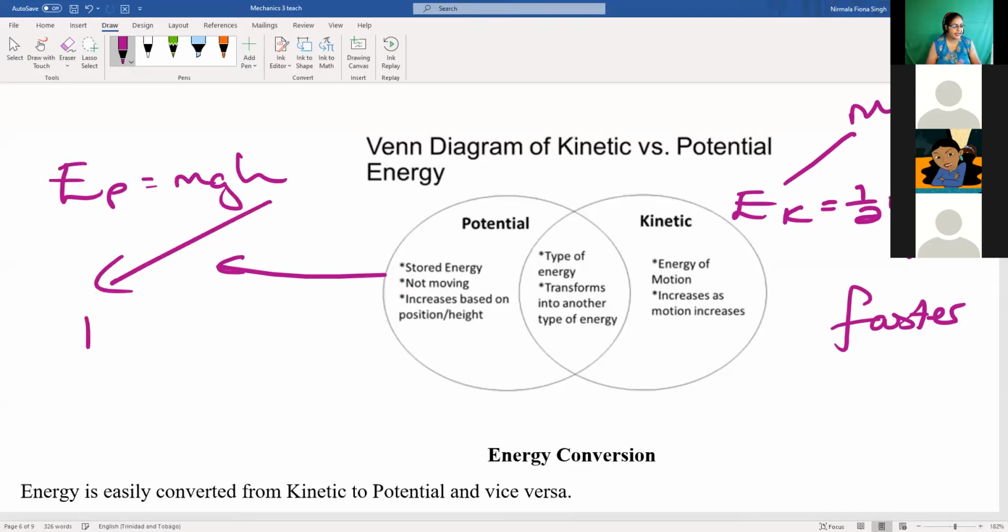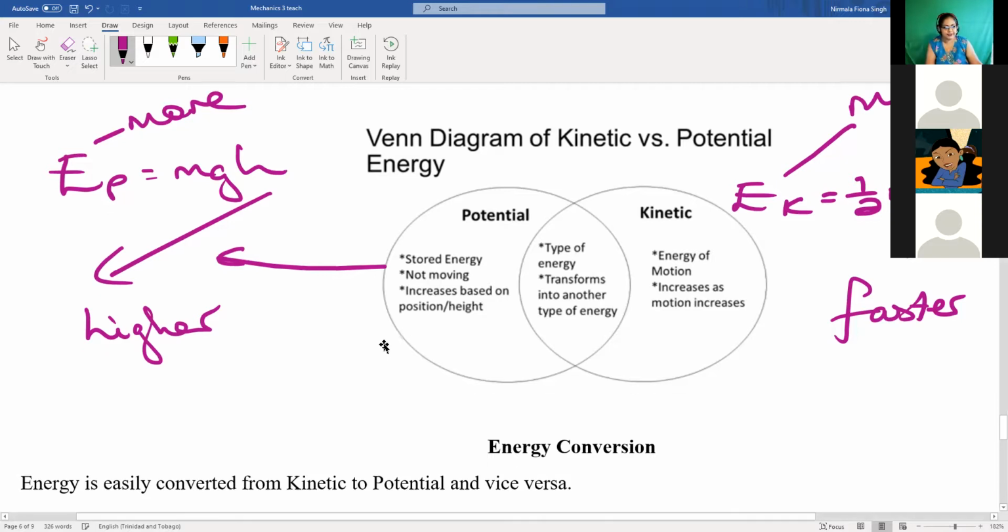When this goes higher up, the higher we go, the greater potential energy we will have, and vice versa. If we go slower, we're going to have a smaller kinetic energy. If we get lower down on the ground, we're going to have less potential energy.